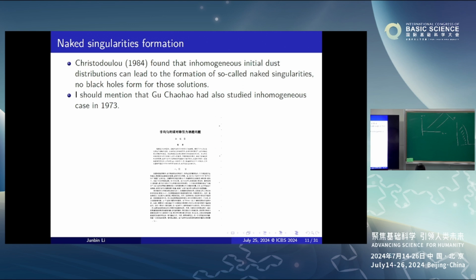He found some of these cases, and I think he also mentioned the possibility that the central singularity can form before the black hole. But I think he did not compute the null geodesics from the center.